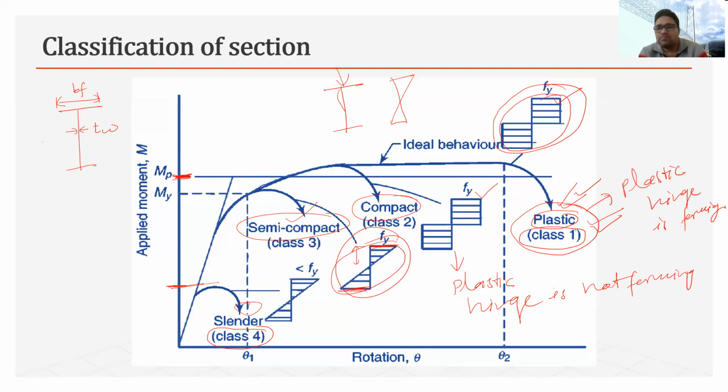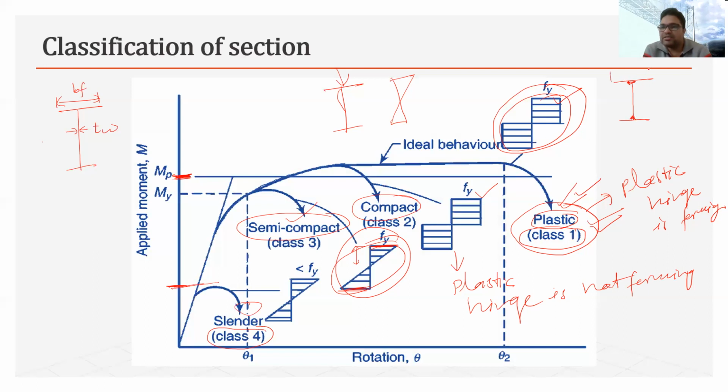So basically, the beam sections that we use in our construction, hot rolled sections, fall under three categories: class 1, class 2 or class 3. But in case of plate girder, where large plate sections are used, generally what we do is join these plates using welding.